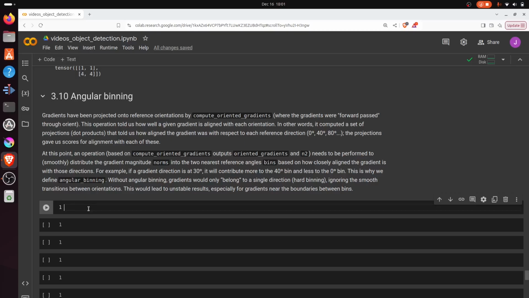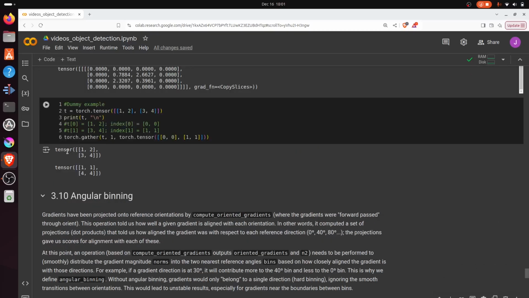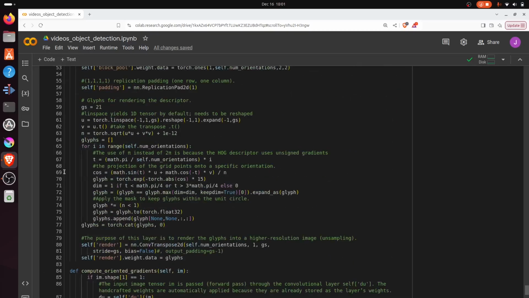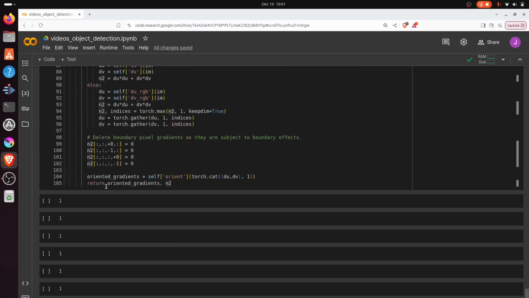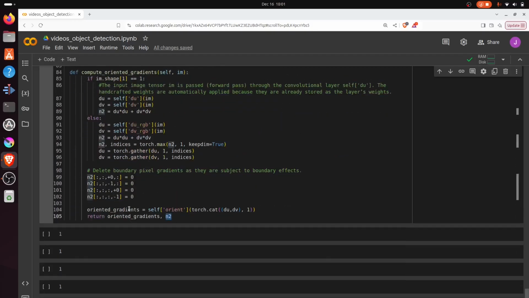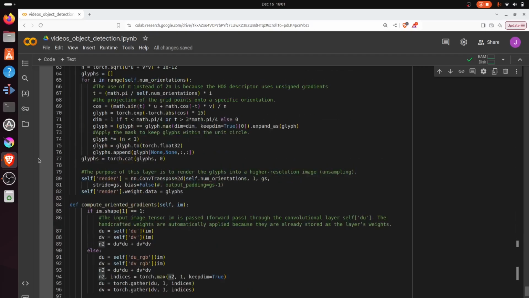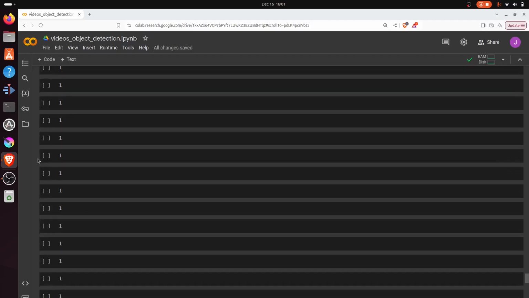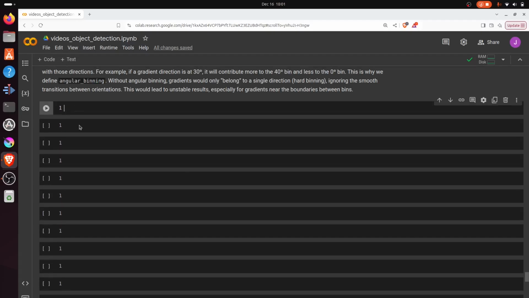So we need to have a look at what we obtained: the oriented gradients and the squared norm. So the first thing we need to do is to unpack these results, so that we can then use them as input whenever it's convenient.